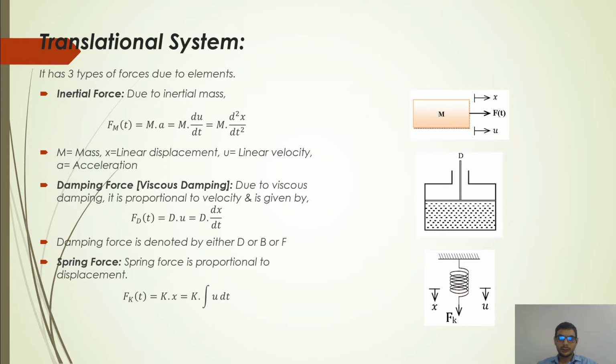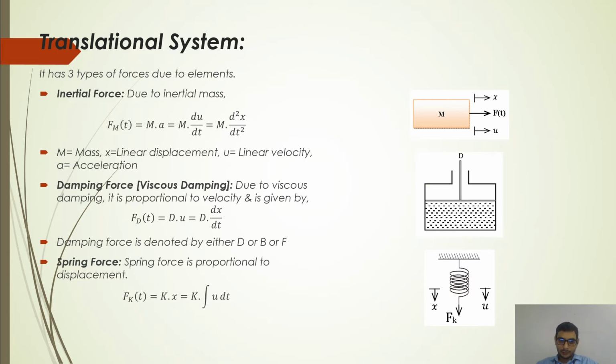Now the third force, the spring force. The spring force is proportional to the displacement. The amount of displacement in any spring is directly related to the amount of force the spring has, or the amount of energy the spring has.